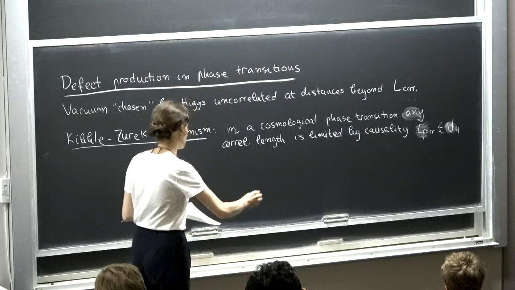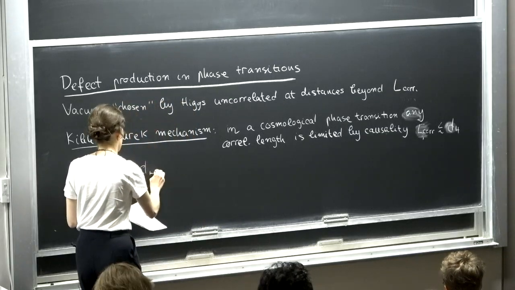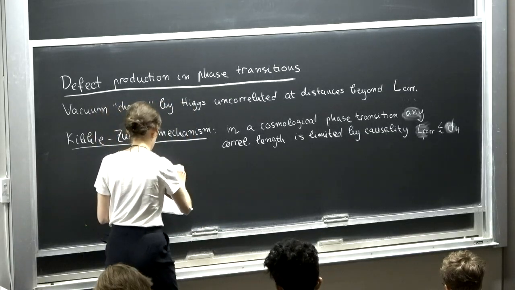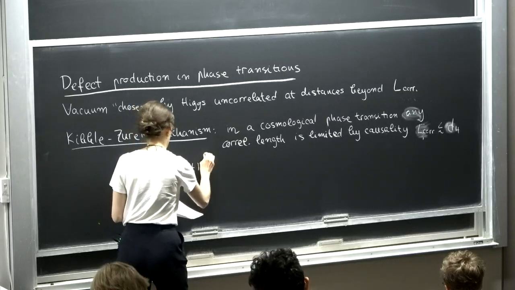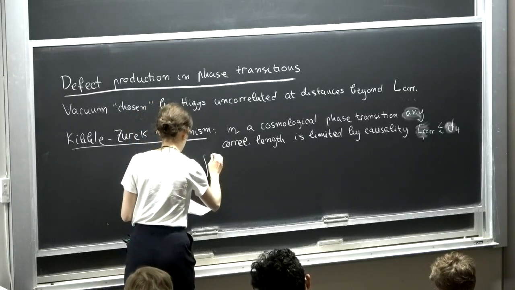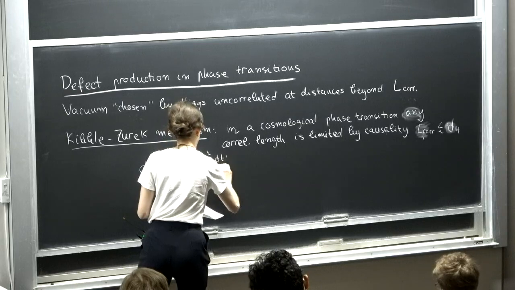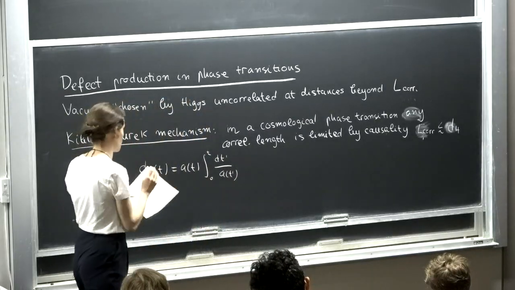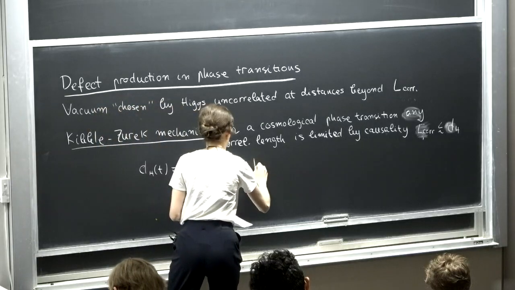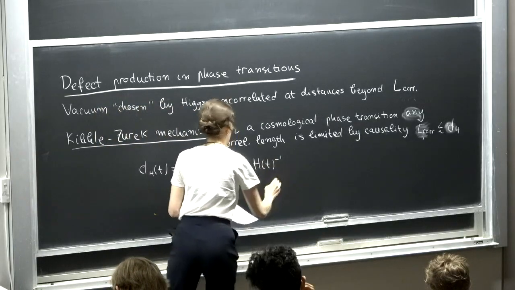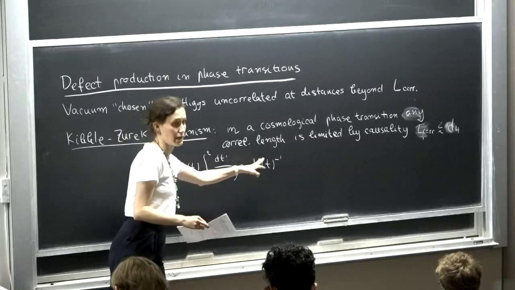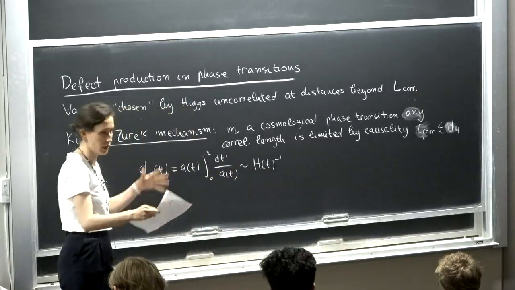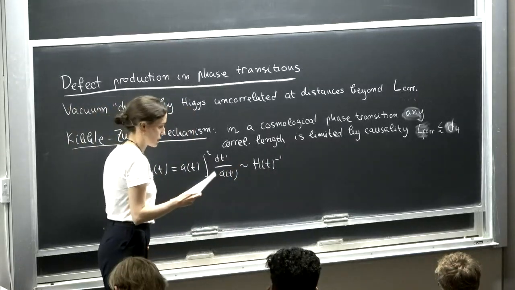The particle horizon is the distance that light can travel from the beginning of the Big Bang until some later time t. That's the formal definition, and it is of order the inverse Hubble rate, the Hubble radius of the universe at that time.